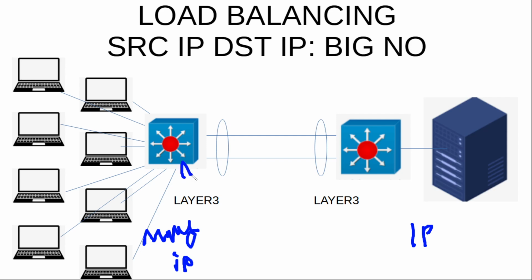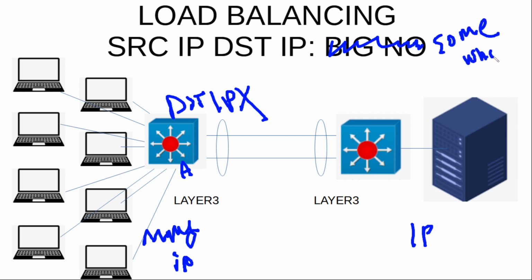If at switch A I chose to load balance by destination IP, that will be a big no. Maybe source and destination IP will be somewhat good, not very good, somewhat good.